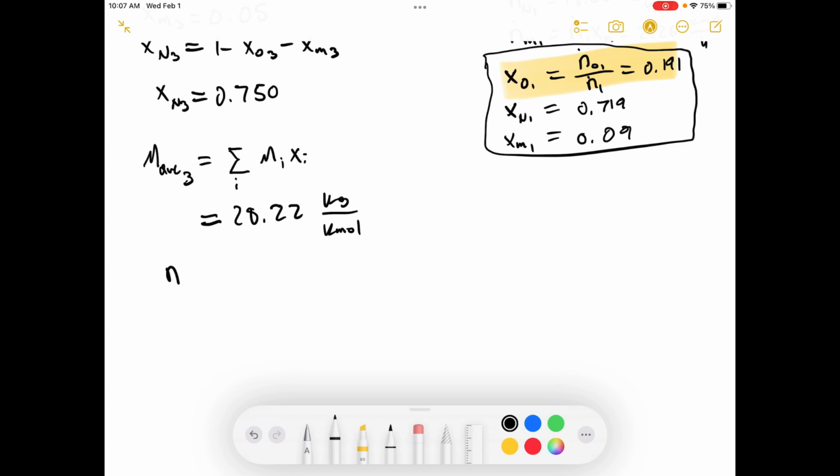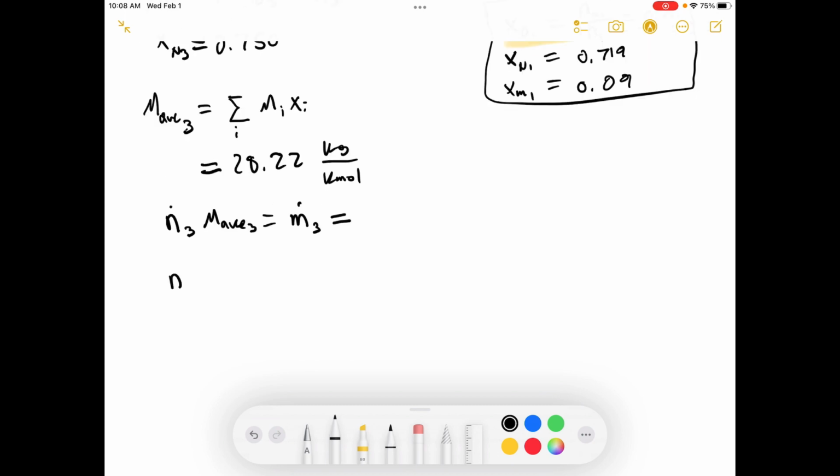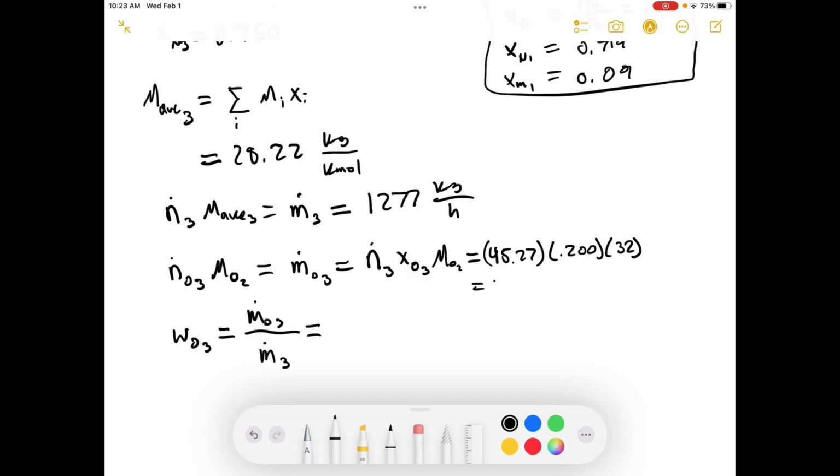We can convert our molar flow rate into a mass flow rate, then convert our moles of oxygen in stream 3 into a mass flow rate, and then when we have the two different masses, the total mass and the mass of oxygen, then we can calculate what the mass fraction is of oxygen in stream 3.